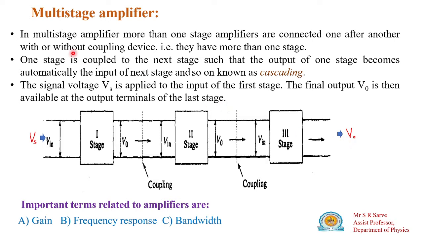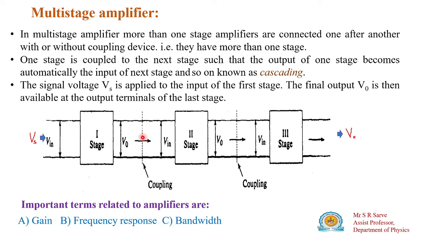So what is a multi-stage amplifier? In a multi-stage amplifier, more than one stage of amplifiers are connected one after another. While connecting these amplifiers to each other, there should be a coupling network.